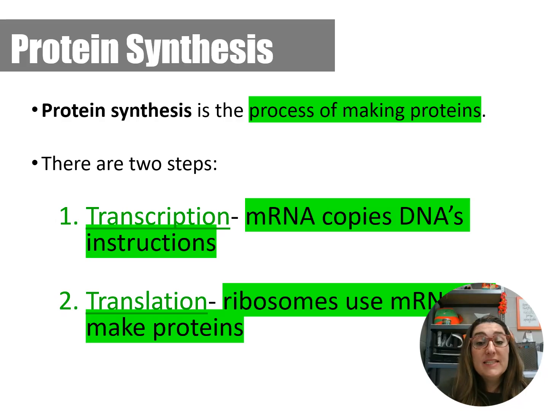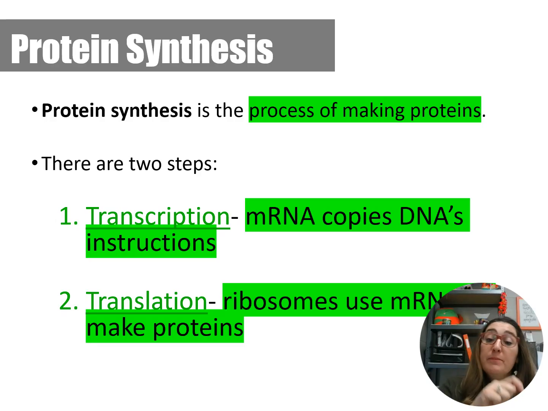So protein synthesis, or the definition of what it is. Synthesis means to make. So protein synthesis means to make proteins. And there's two steps in protein synthesis. The first step is transcription. And in transcription, we're going to transcribe the DNA into RNA.